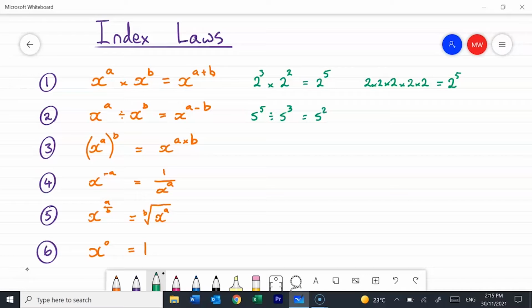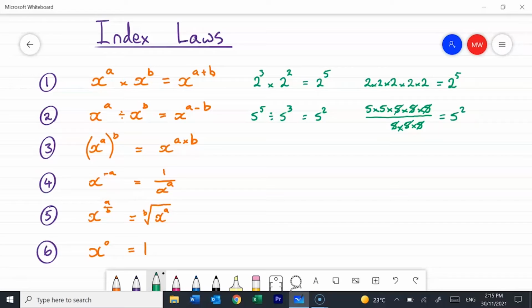And again, if you'd like to see how this works, we could take 5 times 5 times 5 times 5 times 5, so 5 to the power of 5, divided by 5 times 5 times 5, so 5 to the power of 3, and we would see that 3 of those 5's are just going to cancel one another, and we'd be simplified to 5 squared, or 25.